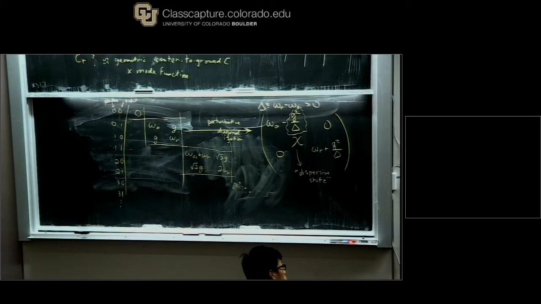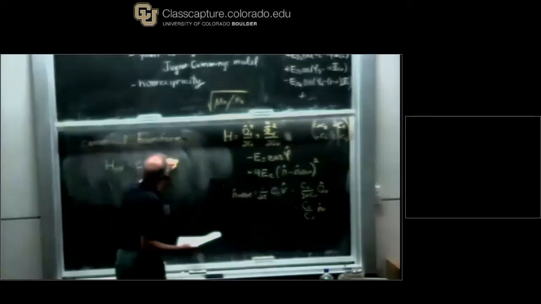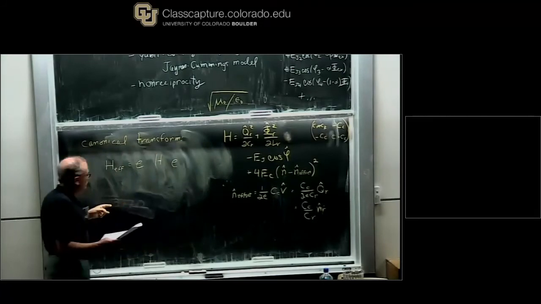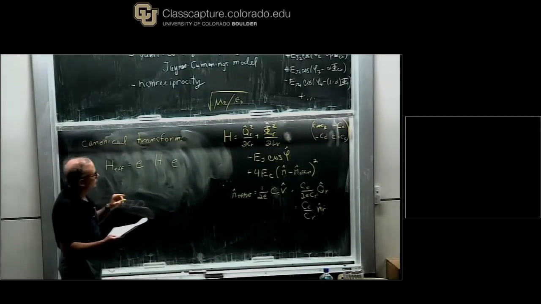Here I'll just call it canonical transformation, because it'll be useful for explaining the next step. The idea is to say, I'd like to diagonalize this Hamiltonian, at least approximately, and get a new, I'll call it effective Hamiltonian. And I get to the effective Hamiltonian by a unitary transformation on the Hamiltonian we have written here.